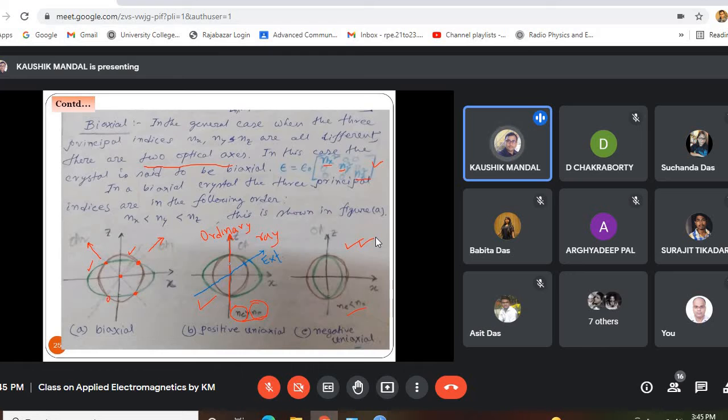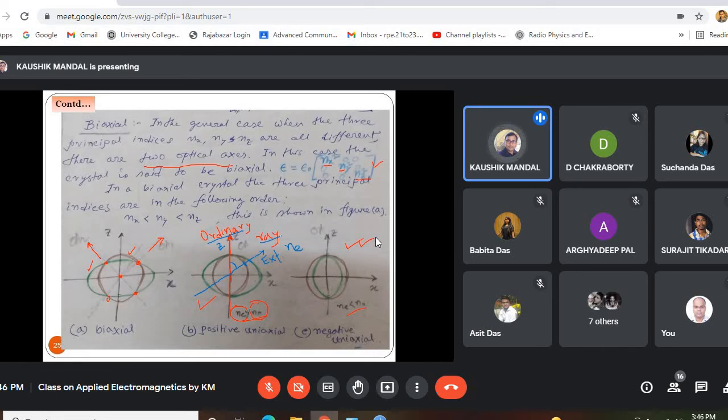Angle means with respect to the z axis. As per this drawing, the optical axis is along the z axis. So in case of the extraordinary ray, the index of refraction is a function of the angle of propagation, which is not true in case of the ordinary ray.